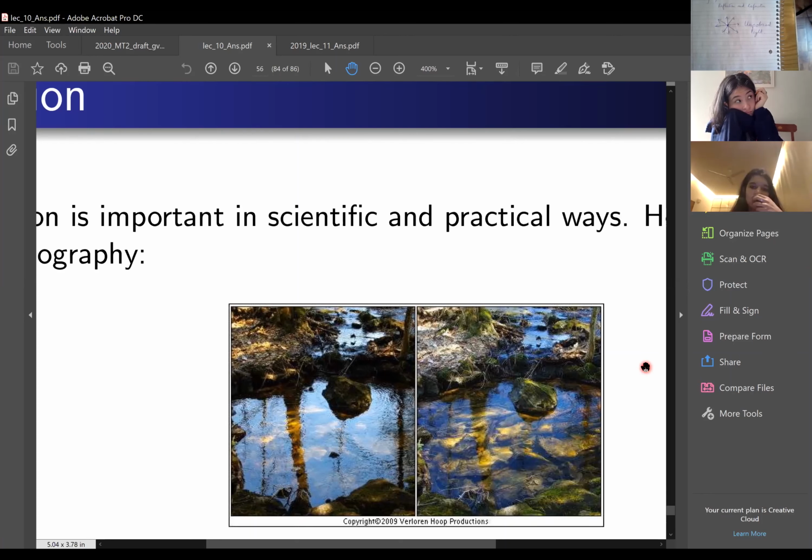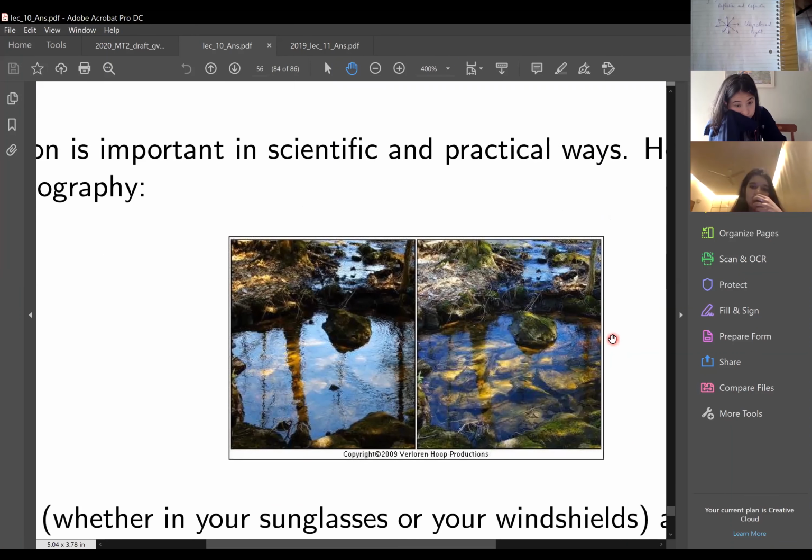So polarization is not just used in photography and sunglasses. It's used in a lot of different areas. For example, circular polarization is being looked at to increase the transmission of information in fiber optics, because you can have different levels of circular polarization and try to cram more signal into the same fiber.